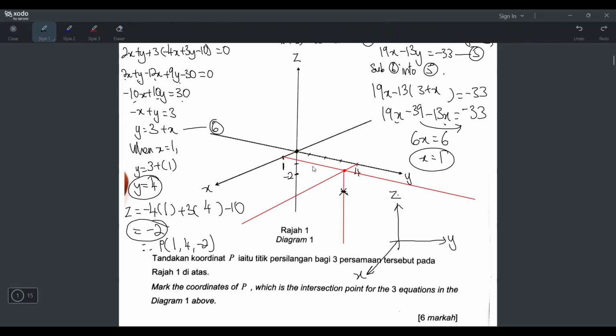Okay. I know it's like a bit confusing because some of you might say like, why is this one lower compared to this? It is because the distance here must be the same with the distance here. You understand, right? So it's like this, when you go down 2 units here, it will be a little lower, right? In other words, if you pull the -2 line to here, this line should be parallel with this line, right?